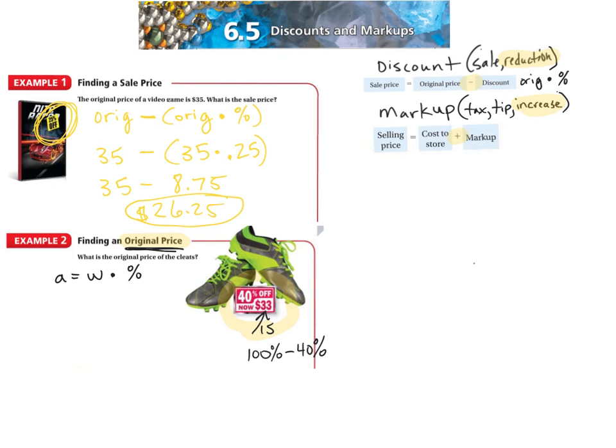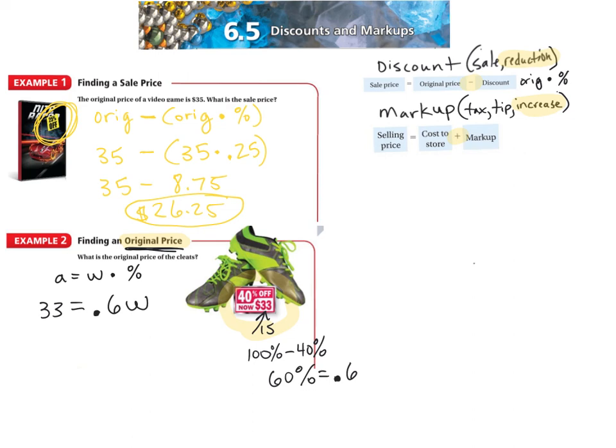So we know the $33 is my part. We ended up with 60% or 0.60. So 33 is equal to our whole, which we don't know. That's what we're solving for. 60% as a decimal is 0.60 or just 0.6. So because I want to make sure I do this right, I'm gonna do 0.6W, which means simply this W times the percent.